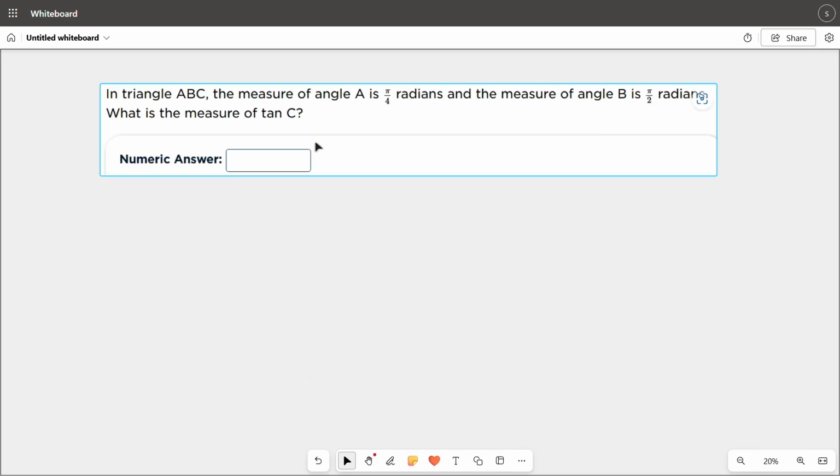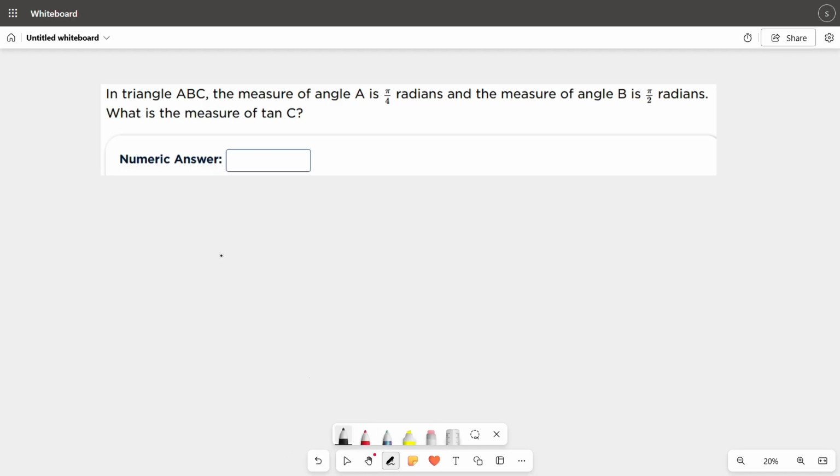In a triangle ABC, the measure of angle A is pi/4 radians, and the measure of angle B is pi/2 radians. What is the measure of tan C? Okay, so we know that angle A plus angle B plus angle C would equal pi, because that's 180 degrees in any given triangle.